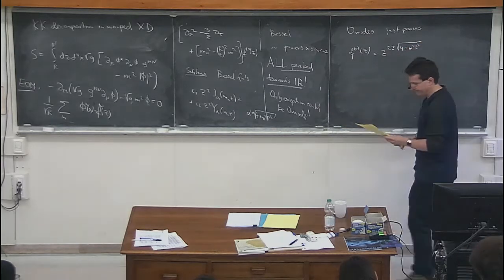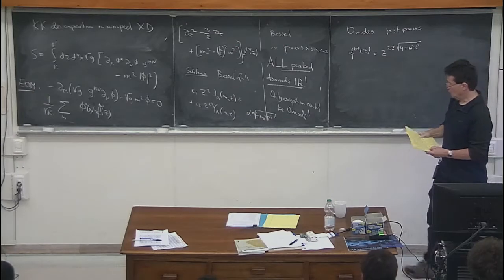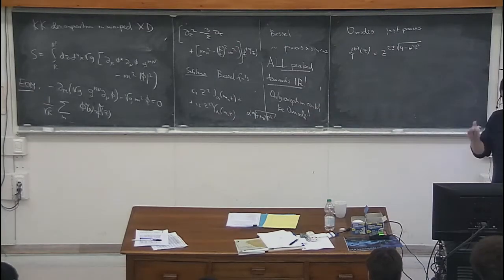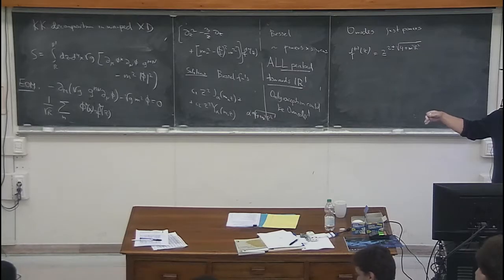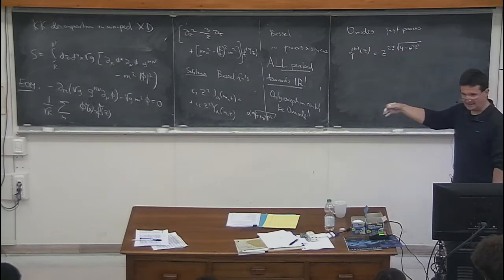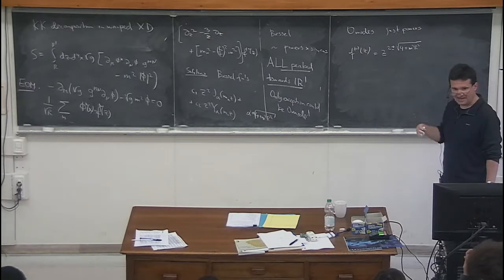So all the KK modes are localized towards the IR. That means that the KK expansion's natural mass scale is always going to be a tower of TeV scale particles. You take a theory, put it in this extra dimension, and the KK expansion naturally will give you a tower of KK modes.